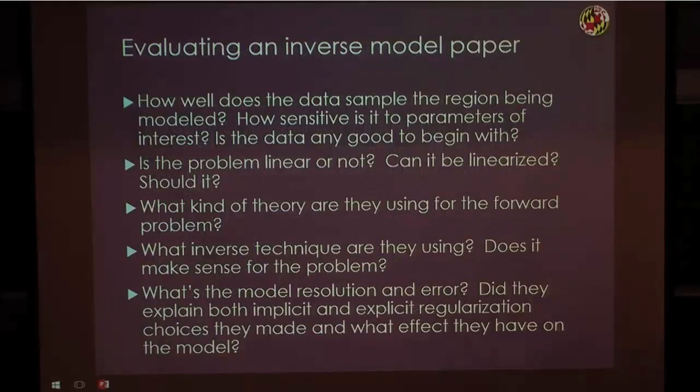And when you come across an inverse model paper, these are various questions that you should ask yourself or ask the author. And if you do that, I think you'll have a much better ability to know which papers to kind of worry about and which papers to worry less about. Although you shouldn't really worry about any science papers. Anyway, I'll end on that, and thank you very much for your attention.